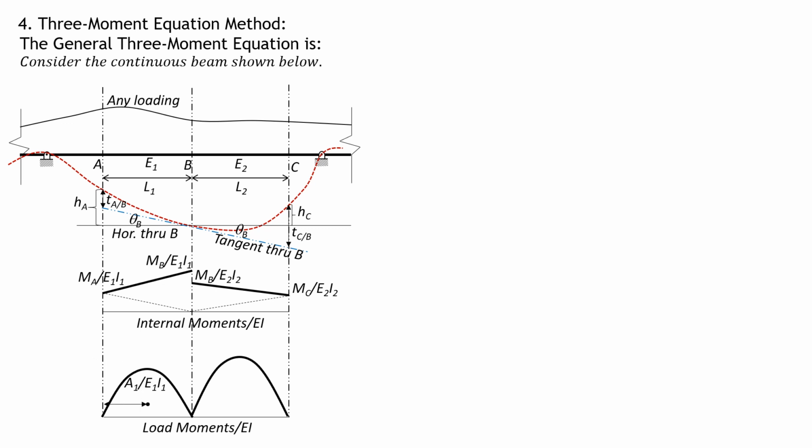That's the centroid of the area, and the distance of that centroid from point A is small letter a. Likewise, this is area 2 due to the loading diagram, divided by E2 I2, and the distance of its centroid from the right point C is small letter b.